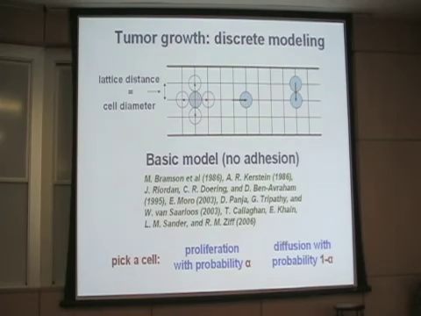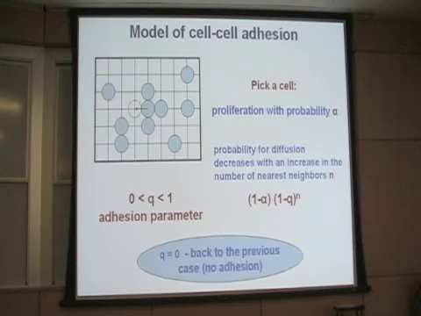Now, this doesn't take into account cell-cell adhesion. In order to take it into account, I want to say that this cell, which has many neighbors, finds it rather hard to migrate away because it needs to break bonds, compared to this cell that can freely move.